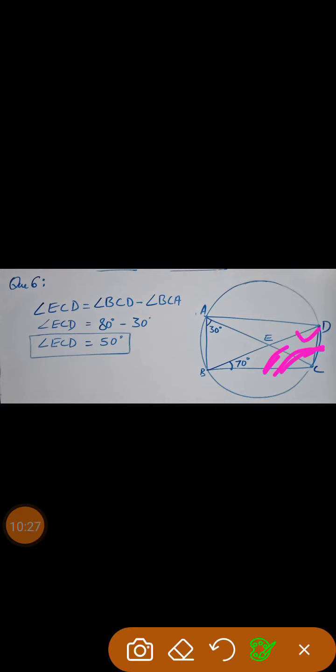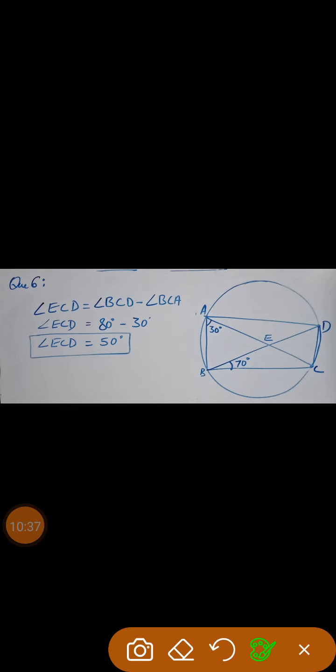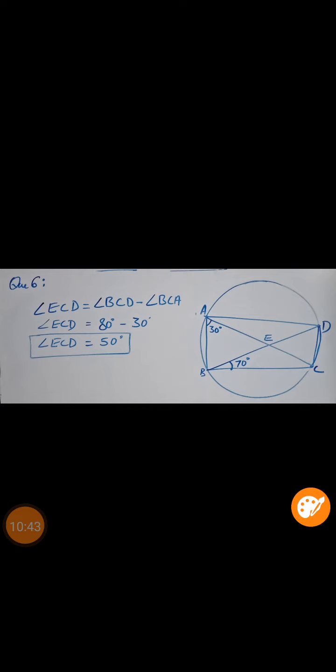So same thing we are going to do here, angle BCD minus BCA. BCD we already have got in the beginning, it is 80 degrees, and BCA we just got, it is 30. So 80 minus 30, we get angle ECD is 50 degrees.